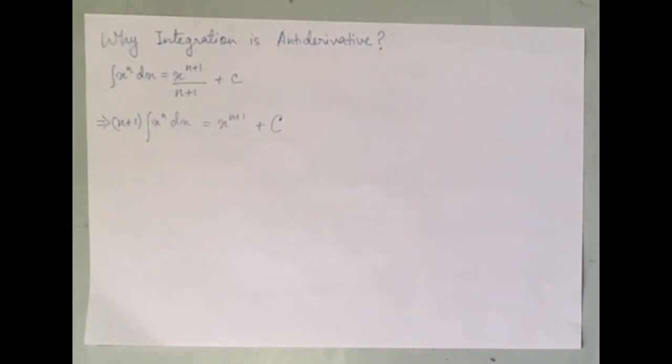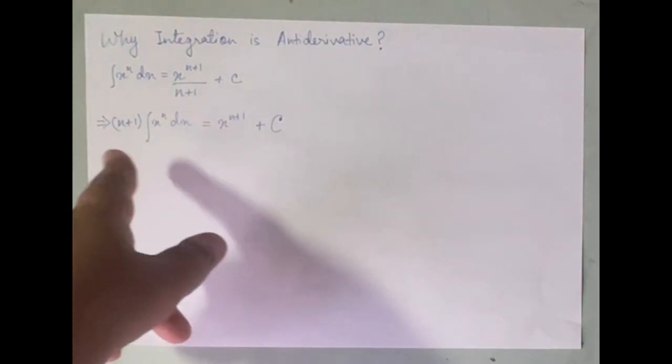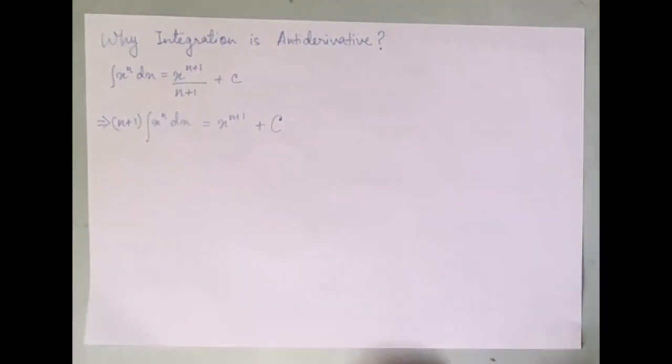Okay. Now let's come back again. Here I have multiplied n plus 1 on both sides, and capital C is small c into n plus 1. Since n plus 1 is a number, c into n plus 1 would be another new constant, right?